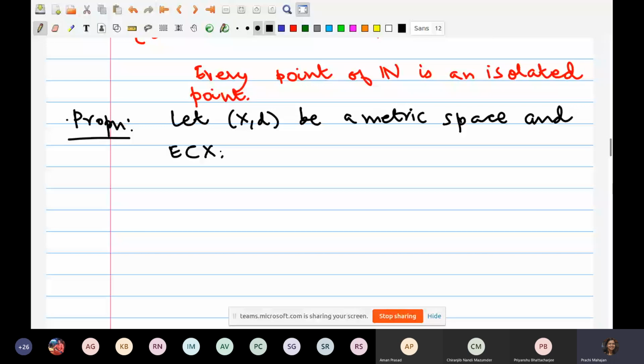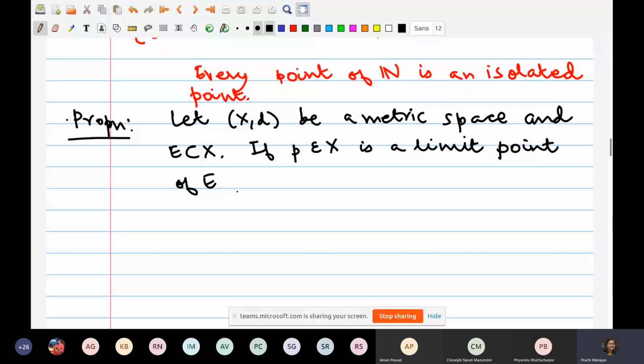If p, a point of X, is a limit point of the set E, then what do we know by definition?